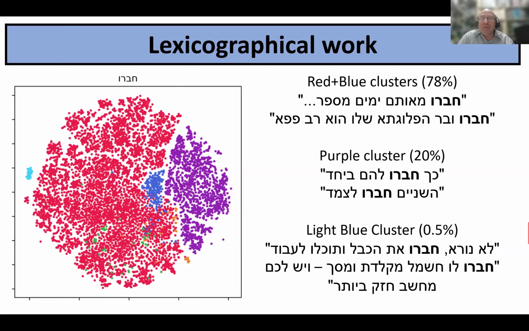So what this gives us lexicographically is a narrowing down of the three usages that actually occur in practice. And it gives us the relative proportions, which I put next to each cluster: 78% for chavero, his friend, 20% for chavru, the verb, and 0.5% for chabru, the imperative.